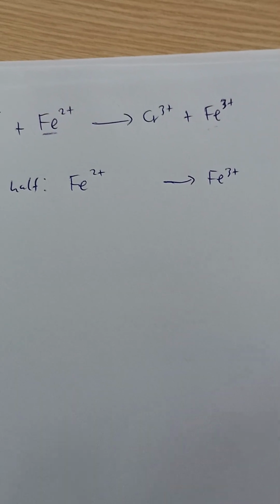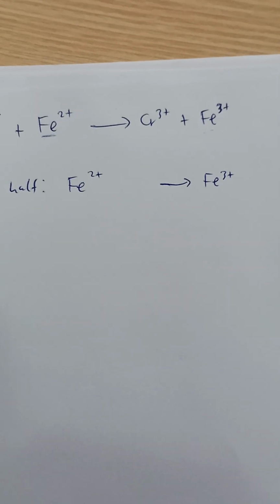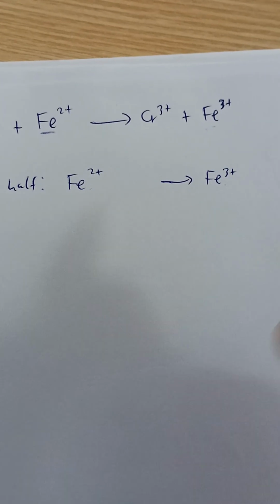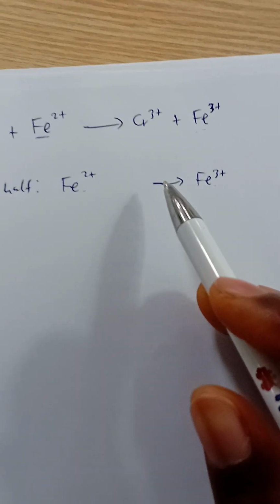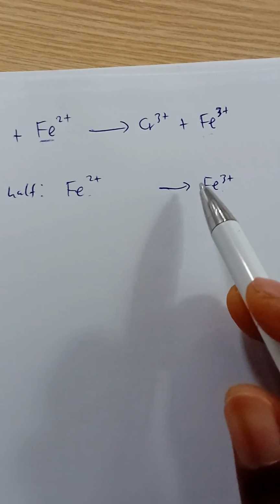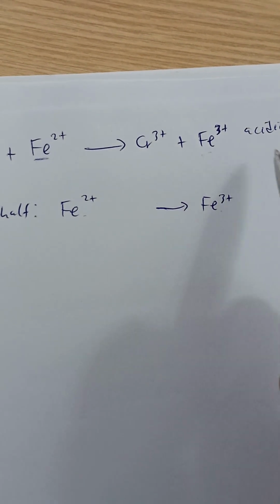And ask yourself, we have to balance all atoms, isn't it? The frequency here is 1, frequency here is 1, all atoms are balanced. Since we've balanced all atoms, I didn't specify the medium, so let's balance this in acidic medium, okay? Sometimes you'll not be told, but if you see H+ there, you know it's acidic.